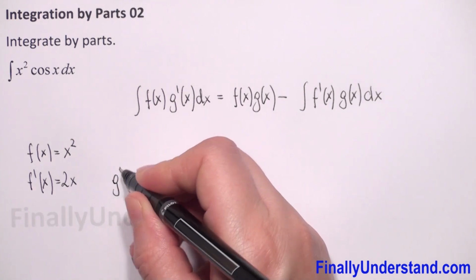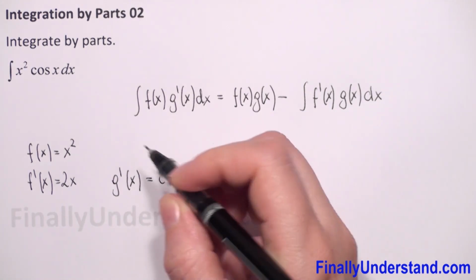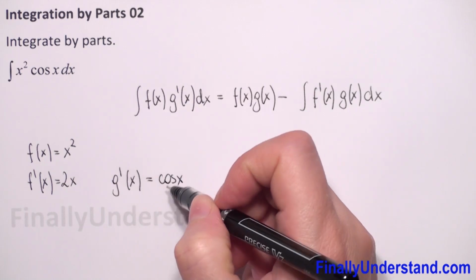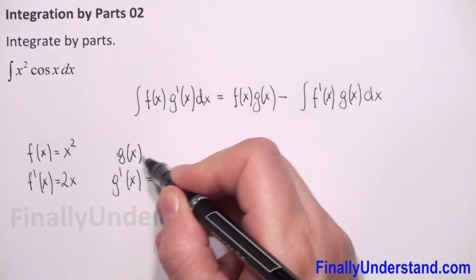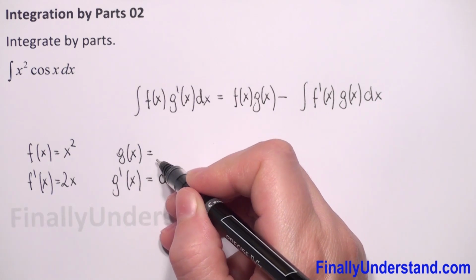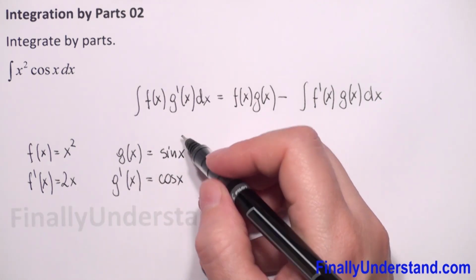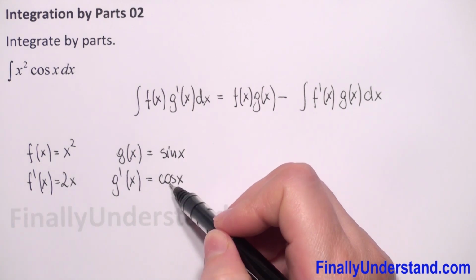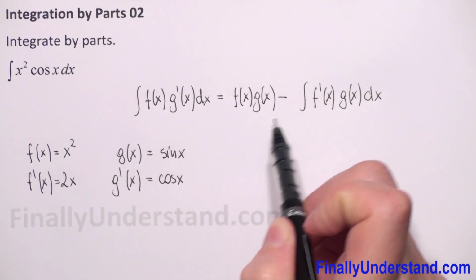So our g prime of x will be equal to cosine of x. Now we find the antiderivative of cosine of x, which is sine of x, because the derivative of sine is cosine. So now we just use this formula.